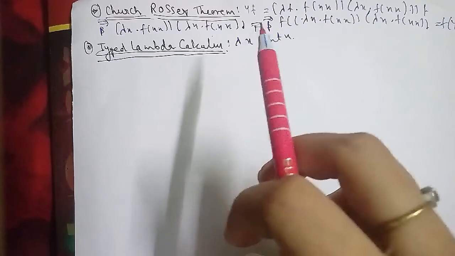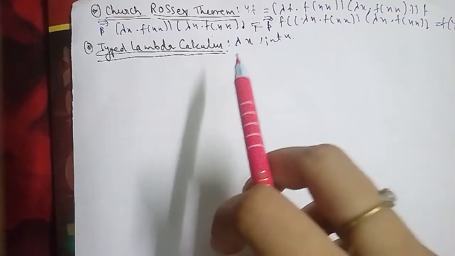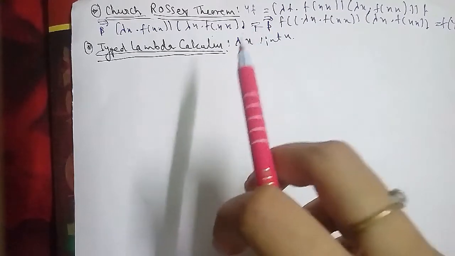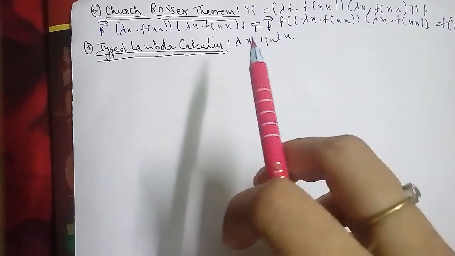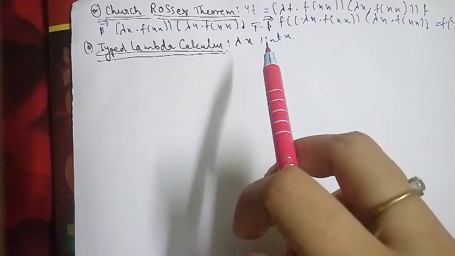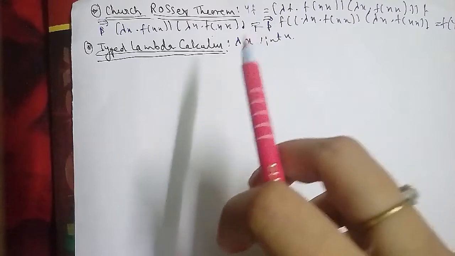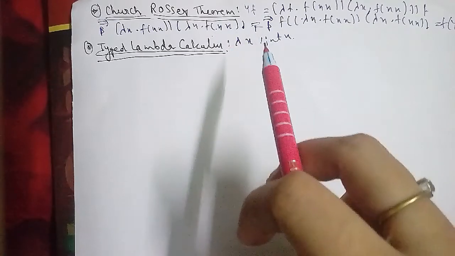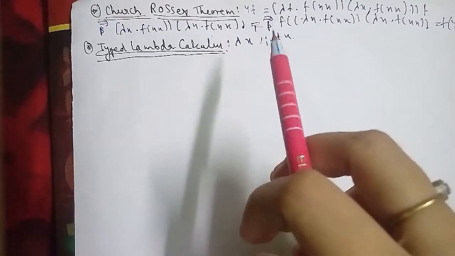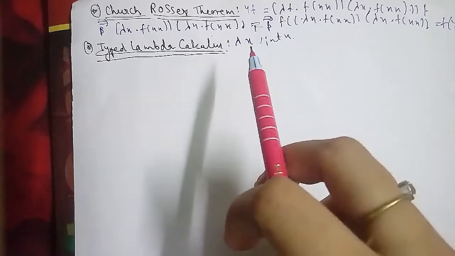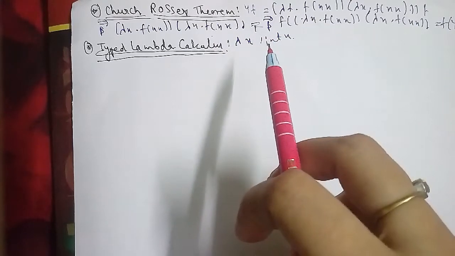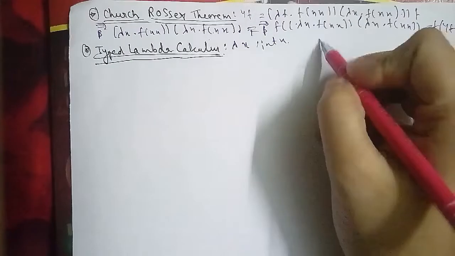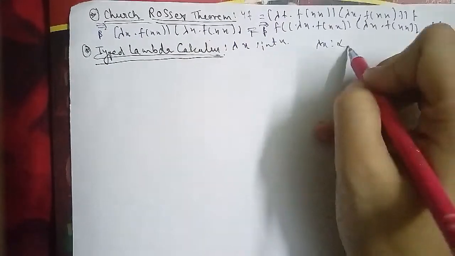The typing rules define the type of a general lambda expression and the type of an abstraction lambda x : alpha . expression, which is alpha tends to beta, where beta is the type of the expression.